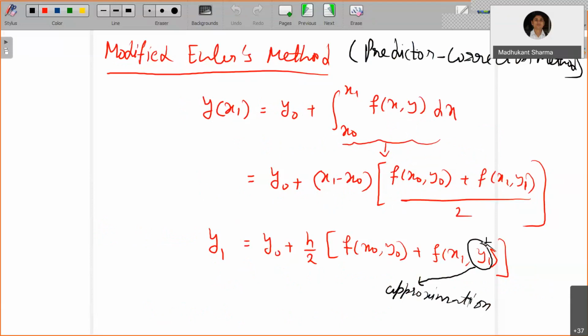Right. So now how do you predict it? The famous one is called the modified Euler method, because it is going to be predicted by the explicit Euler's method. So I want to predict this value, x1 comma y1.